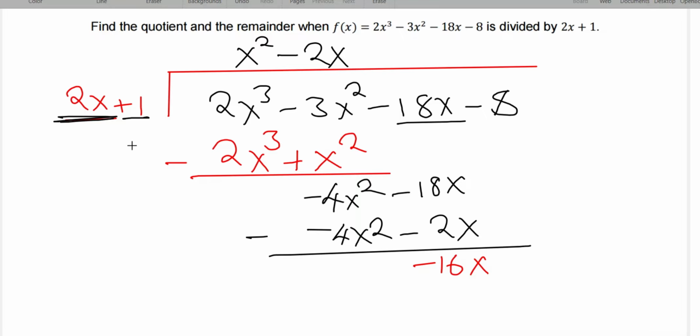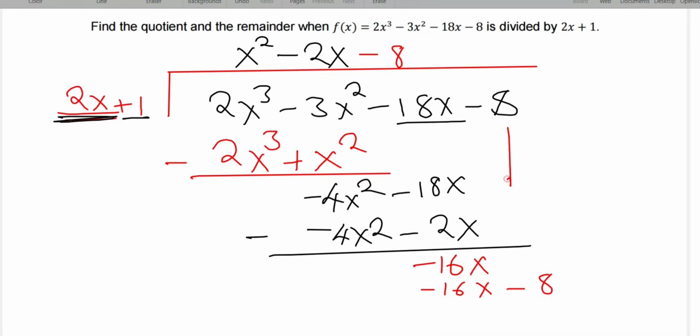Then, as usual, 2x divided into 16x. The 2 into 16, that's a minus again, it's going to be minus 8. Minus 8 multiplied by the 2x gives us minus 16x. Multiplied by the 1, that would be minus 8.